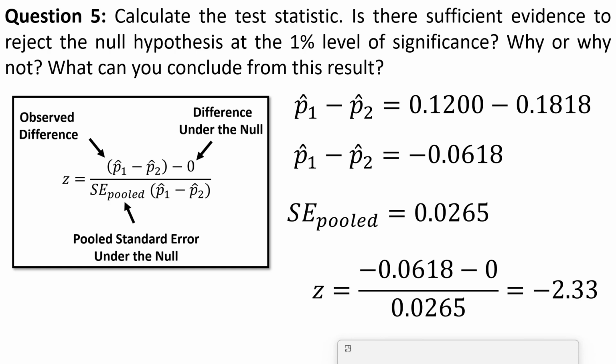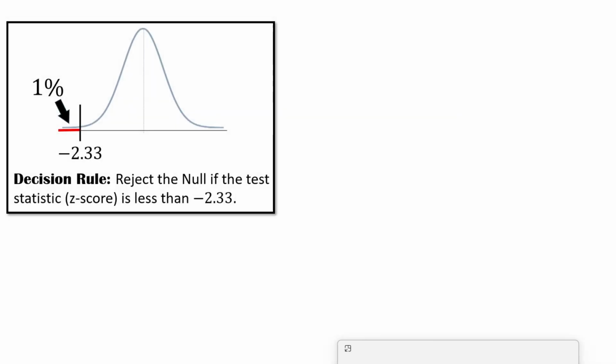Now, what do you think of that test statistic? What do you notice about it? It's exactly the same as our critical value. Now remember, our rule is we're going to reject if our test statistic is to the left of the critical value. But after rounding, we get a test statistic that's exactly the same as our critical value.